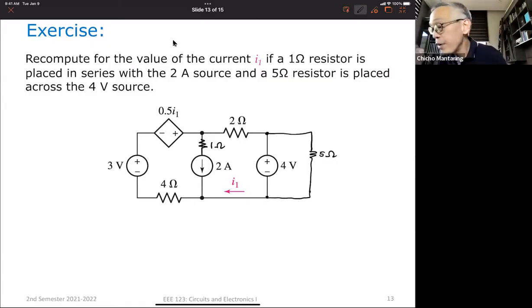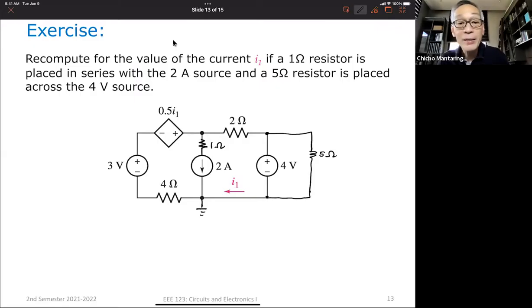Okay. But anyway, my question is this, no? Or on your own, no? Can you form the KCL equation for this node with respect to this reference? Please form the KCL equation for this node with respect to this reference.